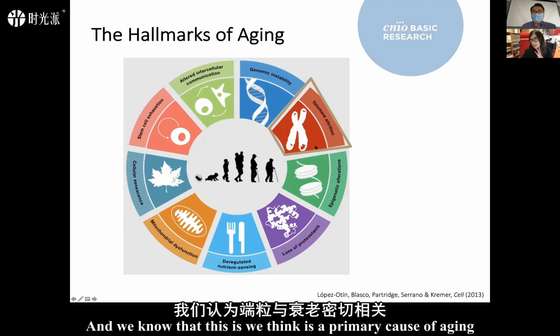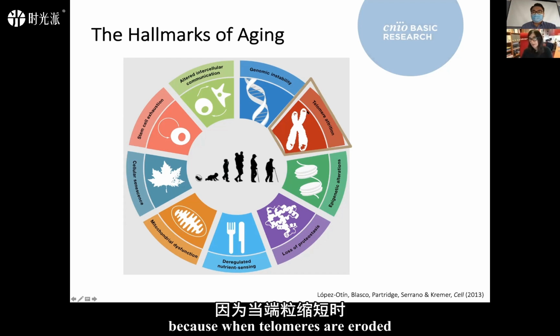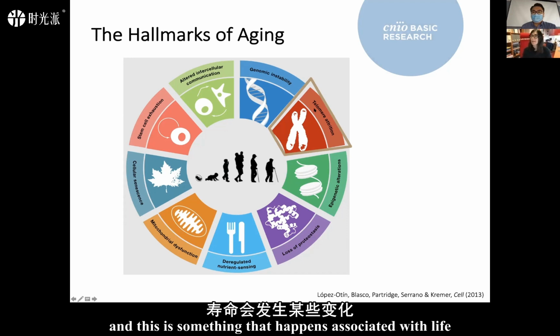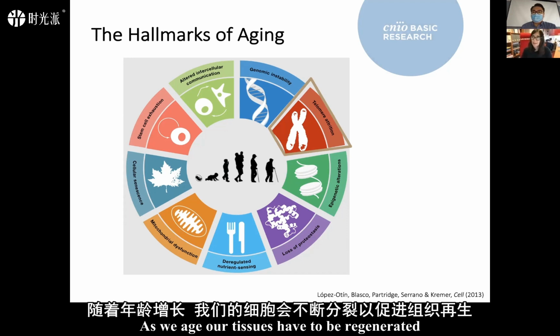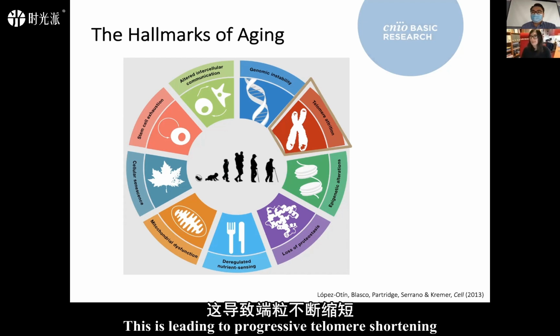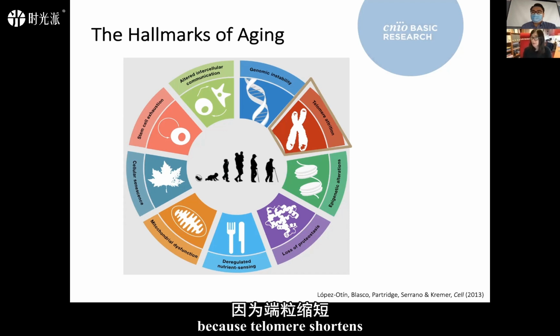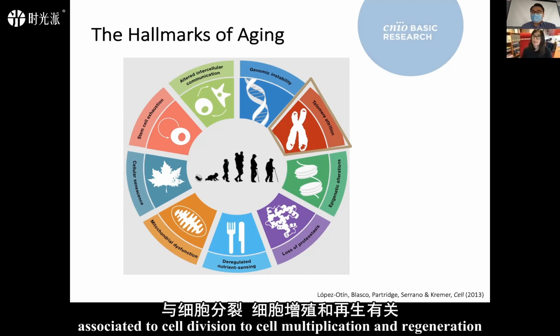And we think this is a primary cause of aging, because when telomeres are eroded, and this is something that happens associated with life, as we age, our tissues have to be regenerated, and this leads to a progressive telomere shortening, because telomeres shorten associated to cell division, to cell multiplication and regeneration.